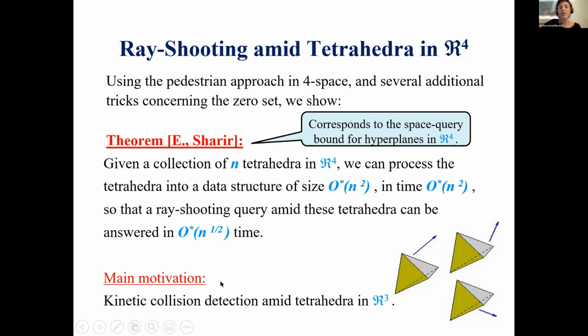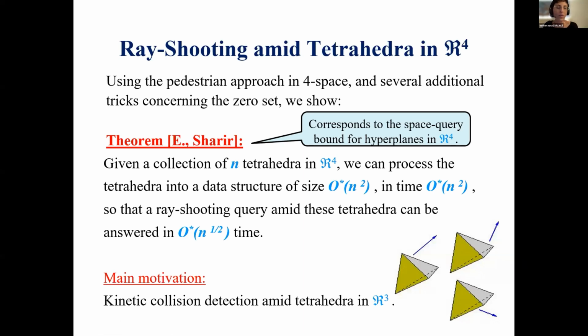The main motivation for such a question comes from kinetic collision detection amid tetrahedra in 3-space. Here we have a set of tetrahedra in 3-space, each moving at a constant velocity of its own, say along a trajectory line.